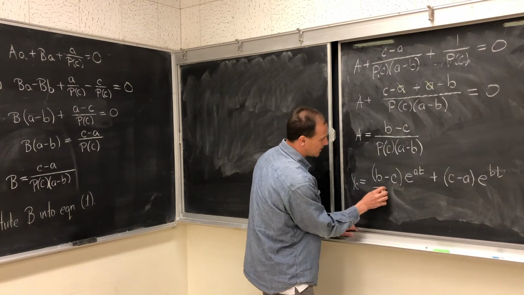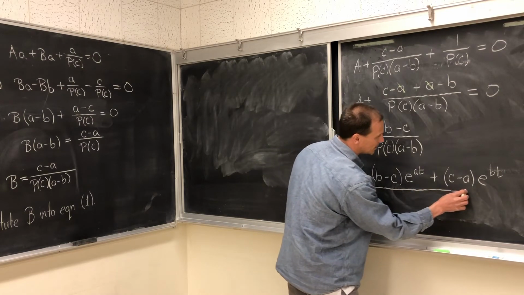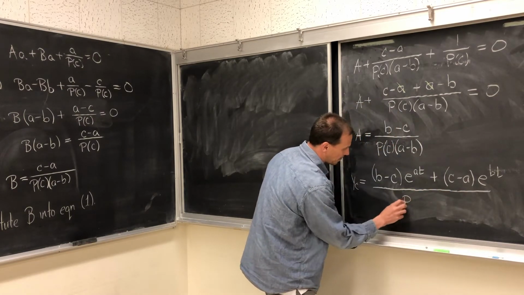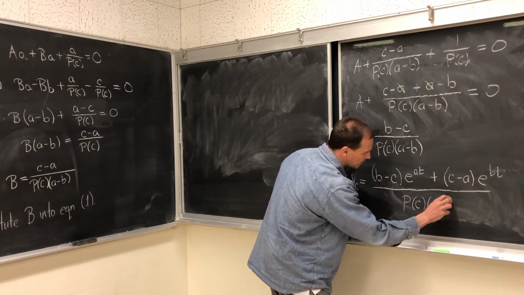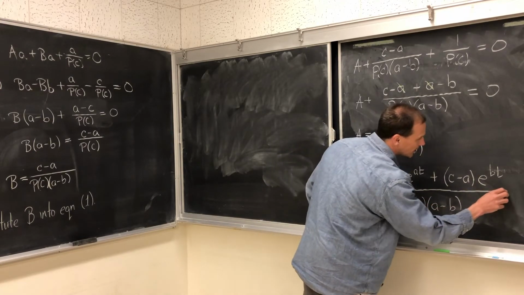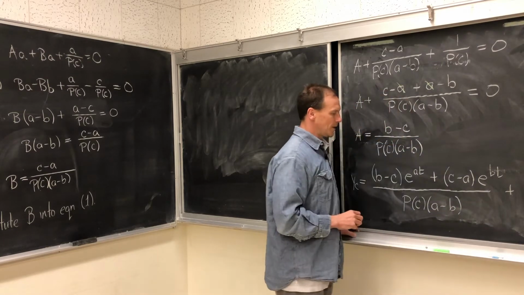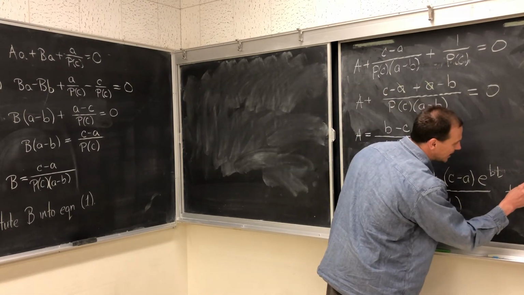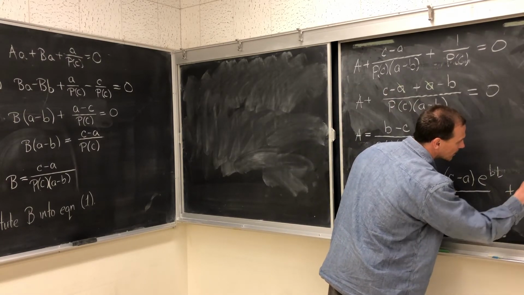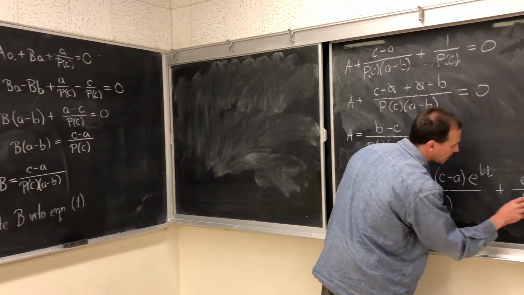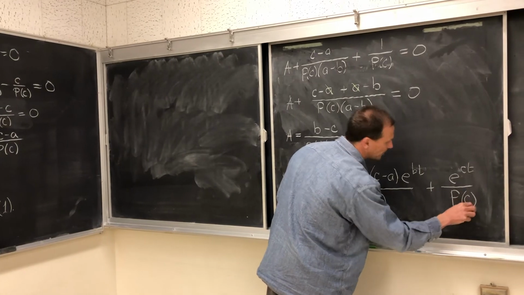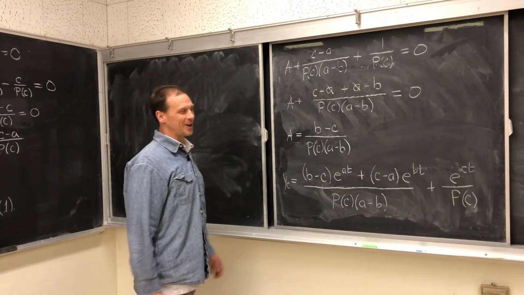All of those share our common denominator, p of c times a minus b, plus our particular solution. Our particular solution is e to the ct over p of c. Okay, we're actually making pretty good progress here.